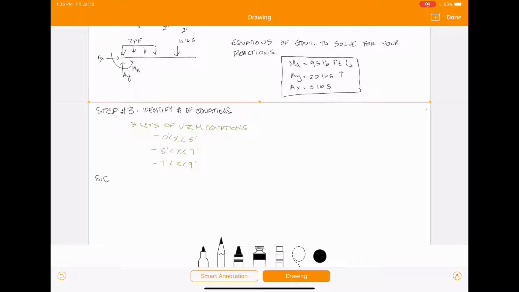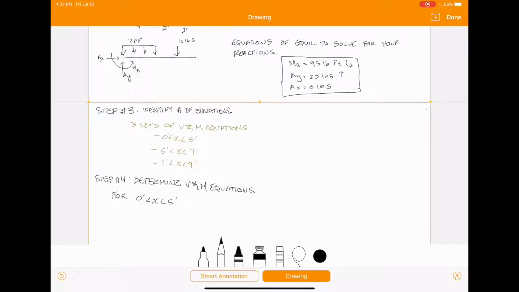So step 4, determine shear and moment equations. So we're going to start with when x is between 0 and 5 feet.